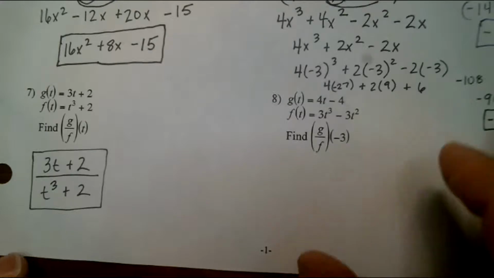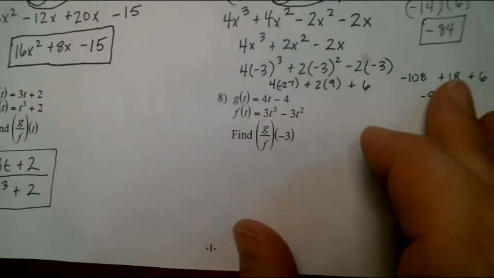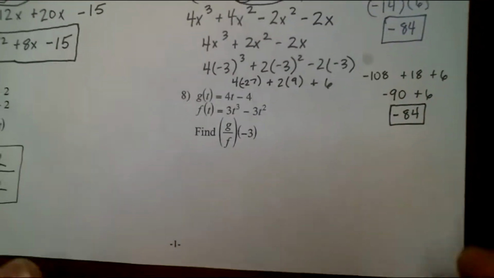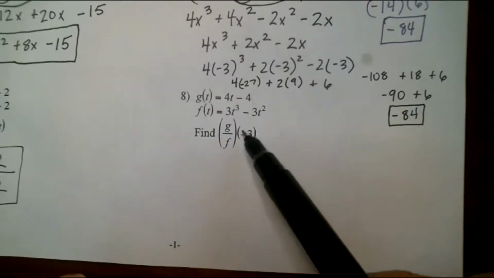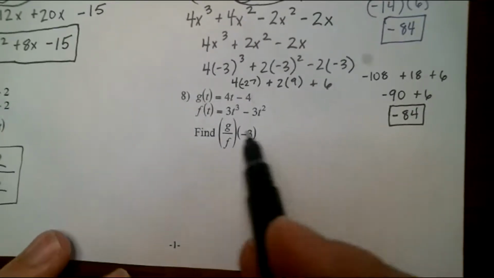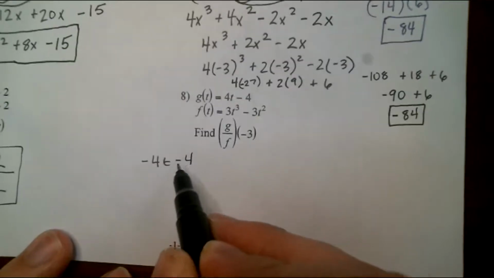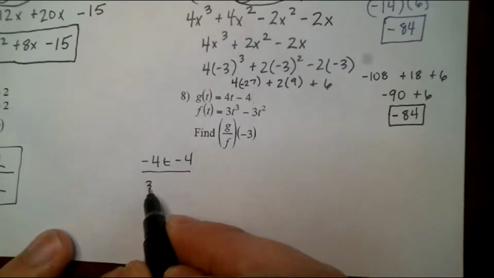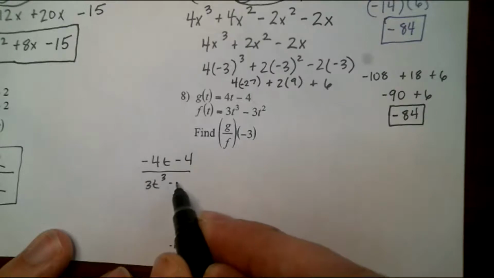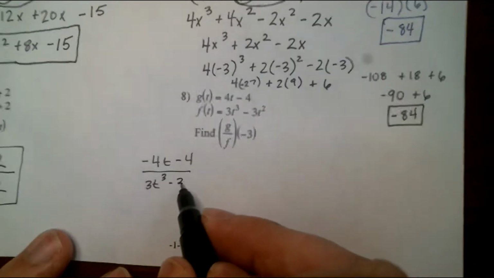All right, looking at number 8. Number 8 is the same way, but we need to evaluate it at -3. So -4t minus 4 over 3t cubed minus 3t squared.